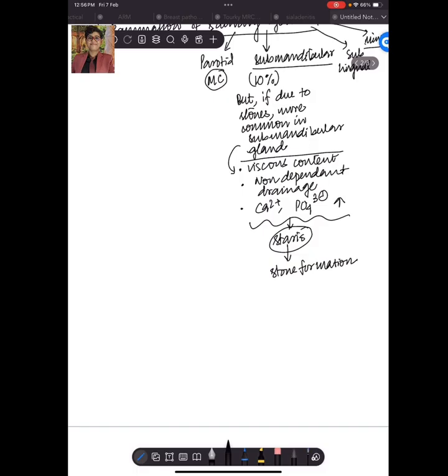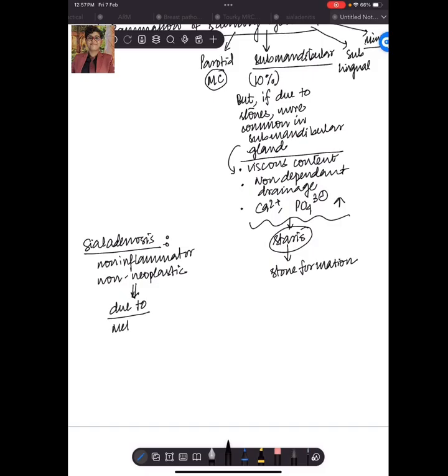Now, before we go further, let me talk about another similar term, sialadenosis. So, what is sialadenosis? It is a non-inflammatory and non-neoplastic enlargement of the salivary gland, which is mainly due to metabolic disorders.